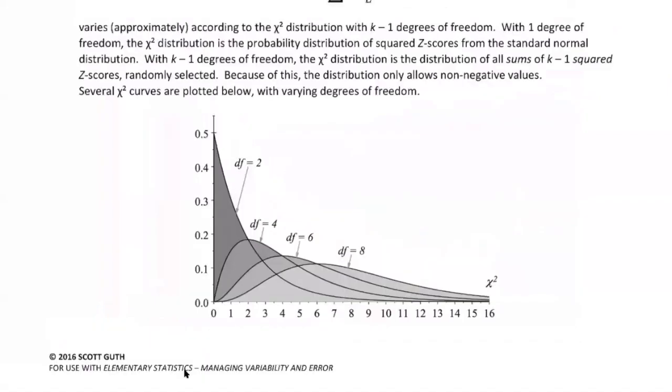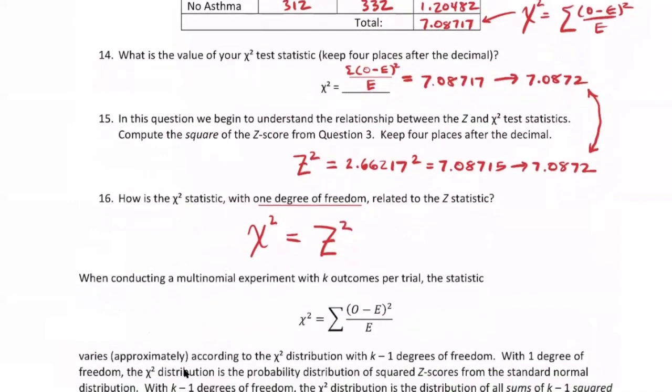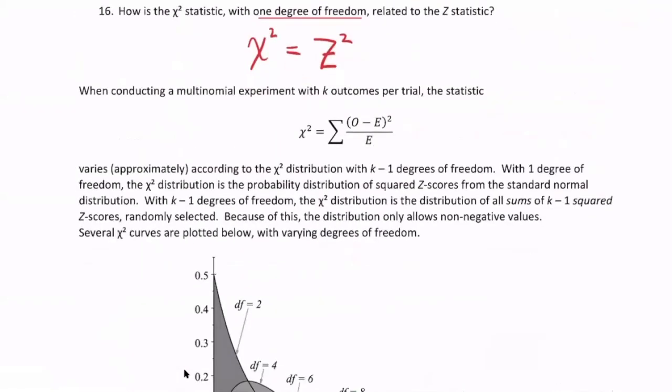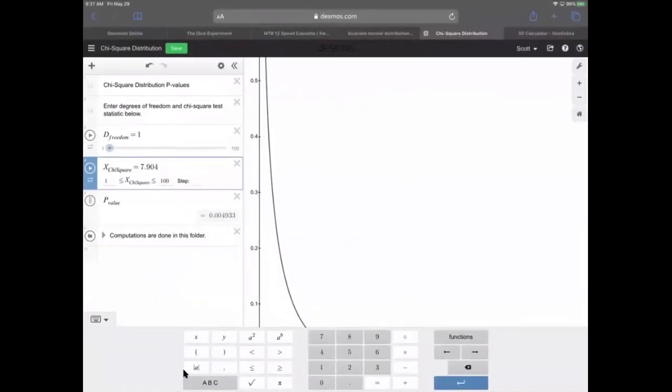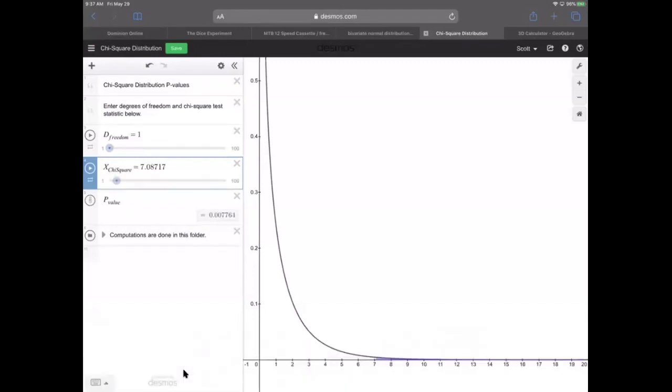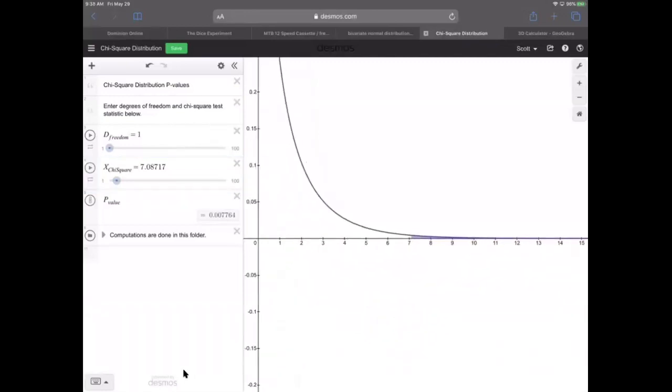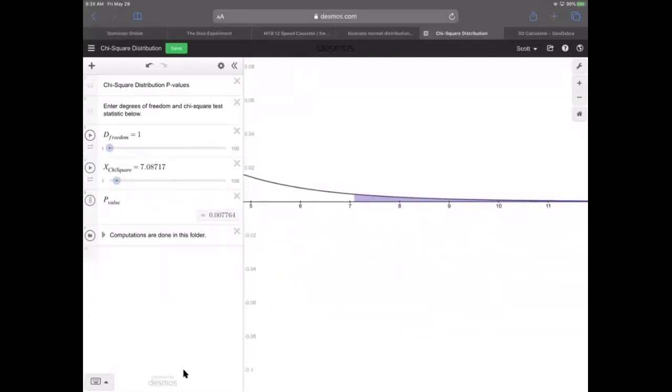I think I'm confused. I'm certain I'm confused. 7.08717. So I hope that's right. Okay, so you do that, and I don't know if you can see, there's a tiny sliver that's shaded in there, just to the right of 7.